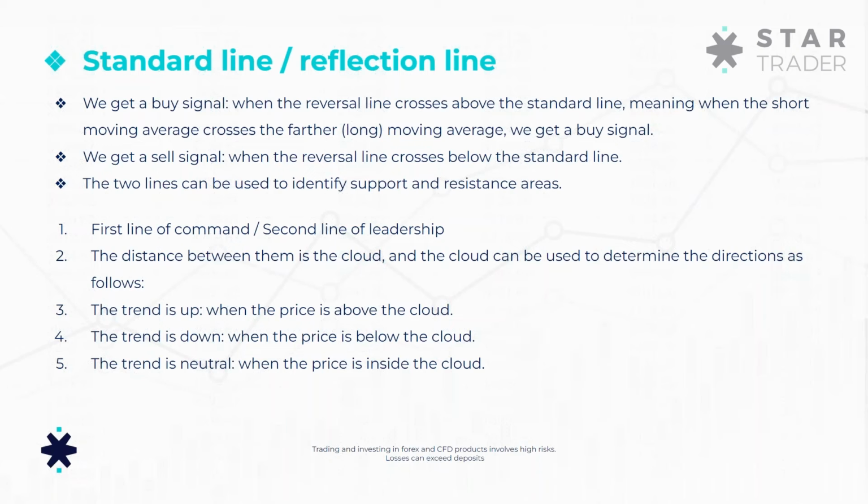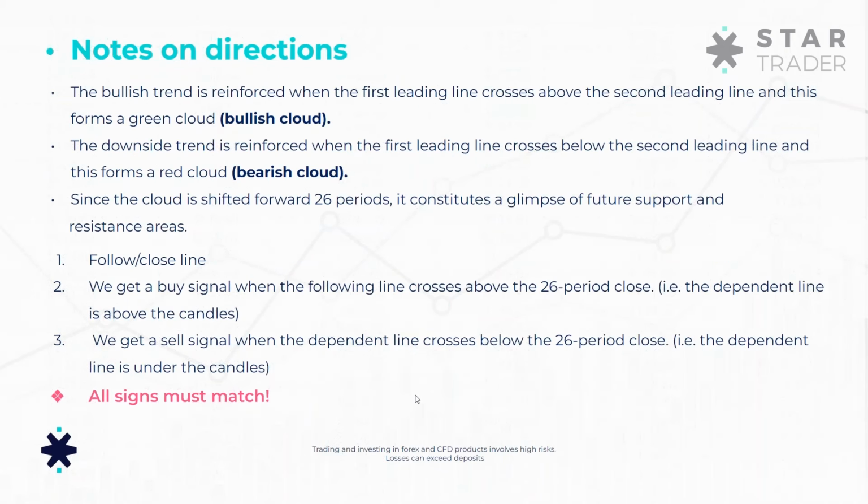Coming to our next chapter, which is notes on direction. As I told you before, direction is, in a general way, very important in the financial market. If you don't know the direction, you will be burned. But if you know the direction, you will always succeed.